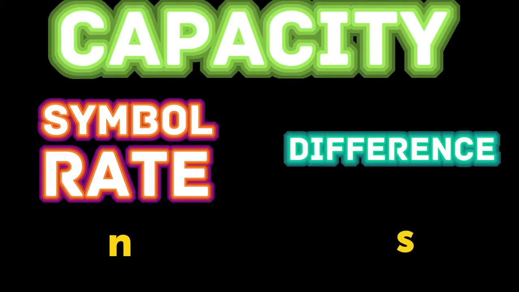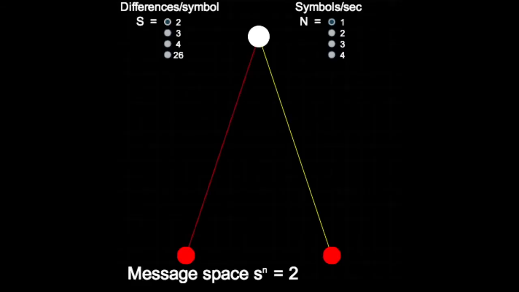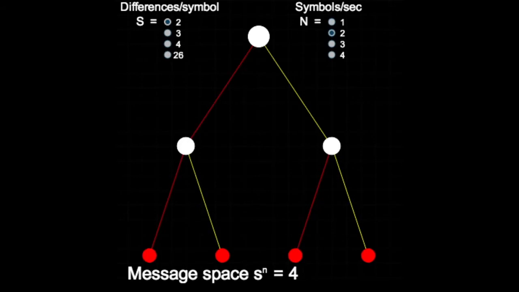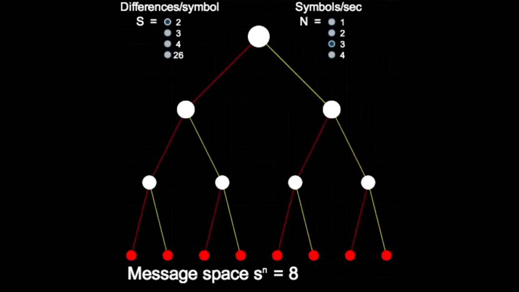And as we've seen before, these parameters can be thought of as a decision tree of possibilities. Because each symbol can be thought of as a decision where the number of branches depend on the number of differences. And after n symbols, we have a tree with s to the power of n leaves.